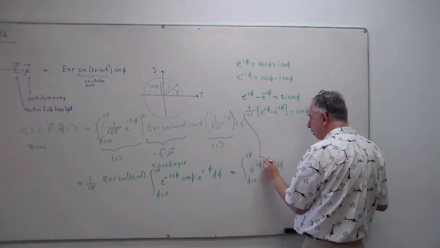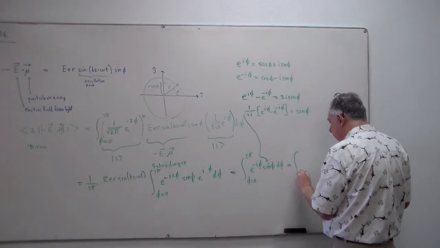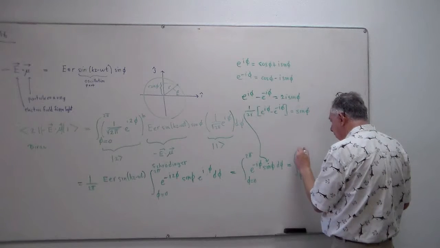Substitute in for the sine. And what do I get? Phi equals 0 to 2 pi.